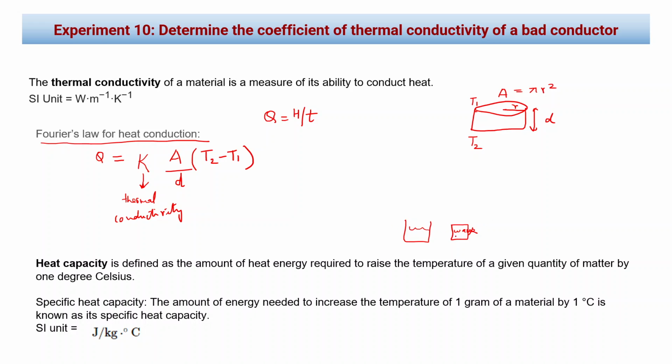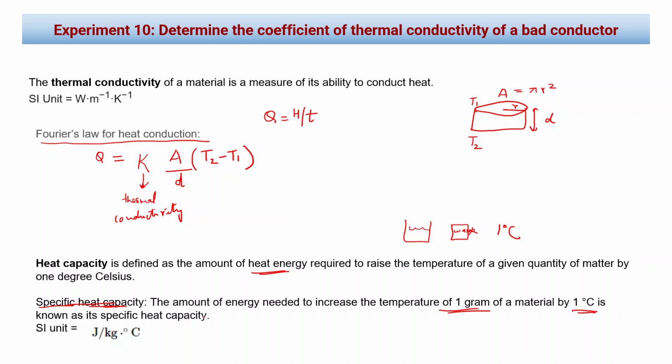Here we are not specifying how much quantity; we are just saying that whatever material I have, to increase its temperature by 1 degree centigrade, how much heat has to be supplied, that will be known as the heat capacity of that material. Now there is another thing also, that is specific heat capacity. Specific heat capacity is the amount of energy needed to increase the temperature of 1 gram of a material by 1 degree centigrade.